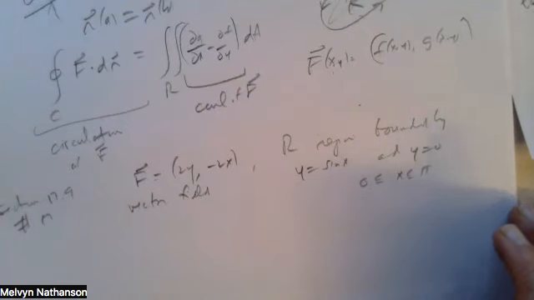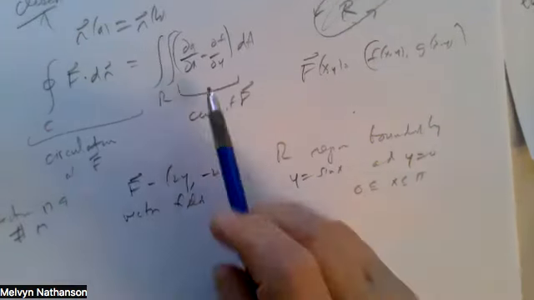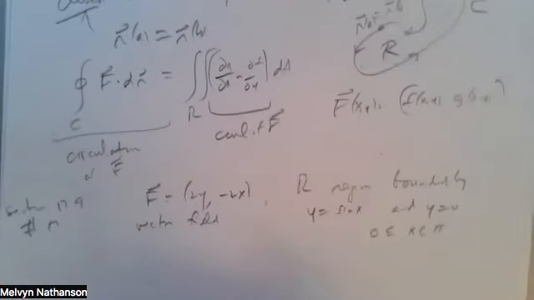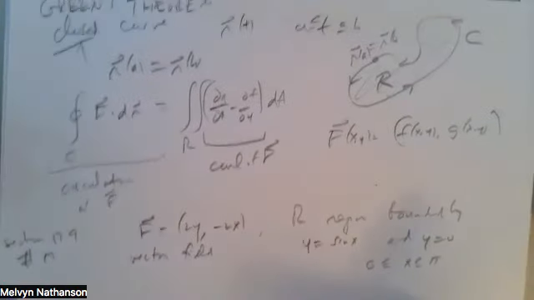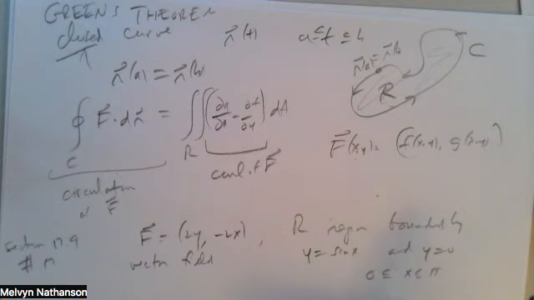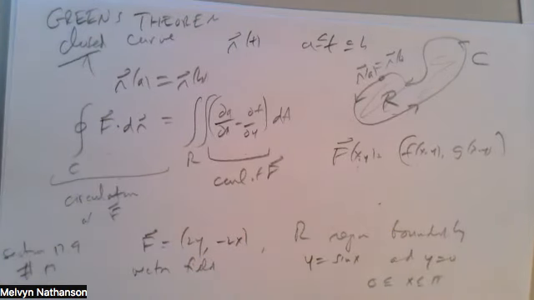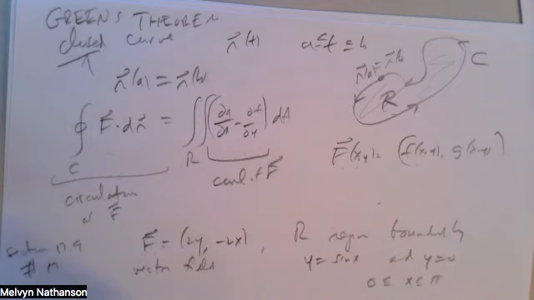And we want to compute the curl, so we know what it is, and then compute these two integrals separately, just to convince ourselves or show that Green's theorem really is true. Green's theorem says this integral equals this integral, so I'm going to compute both of them separately. Okay, so here is the vector field F. What is the curl of F?